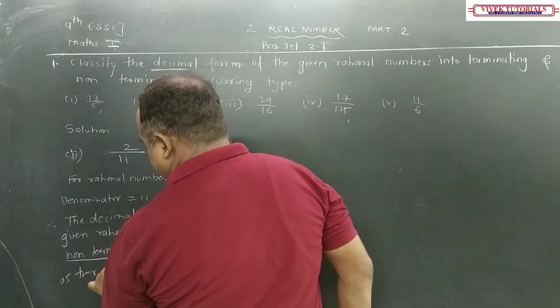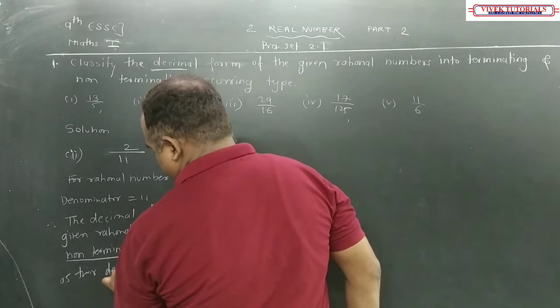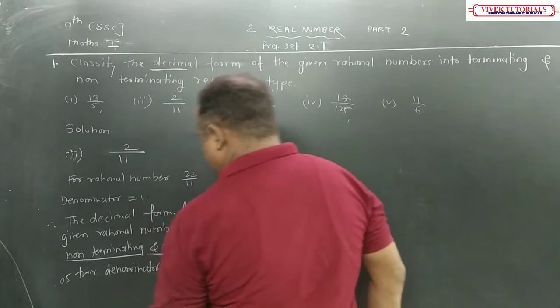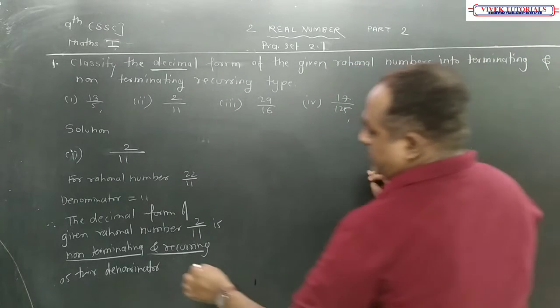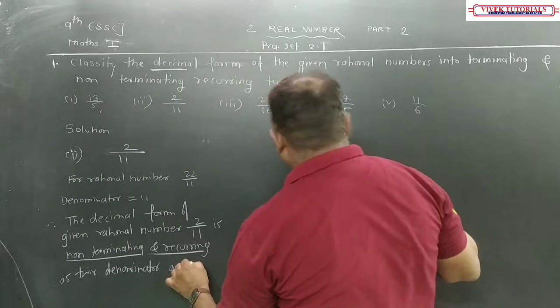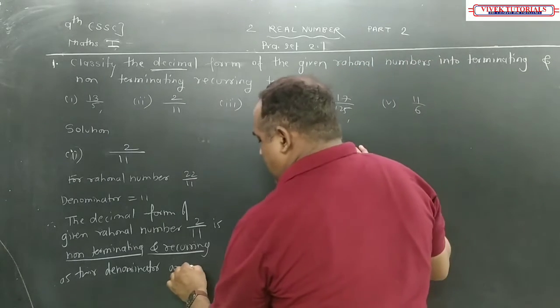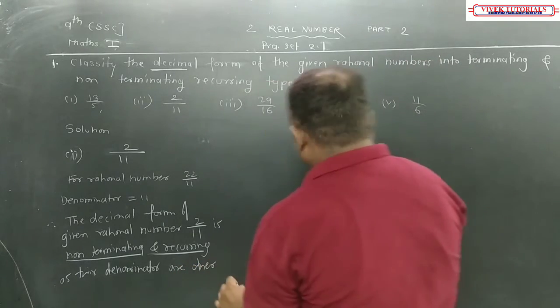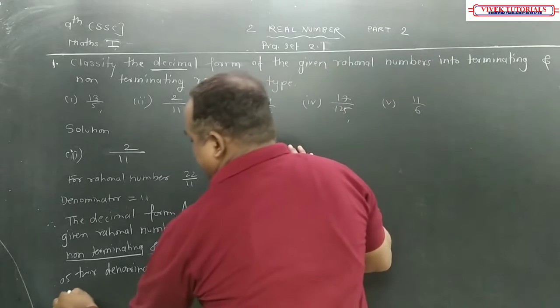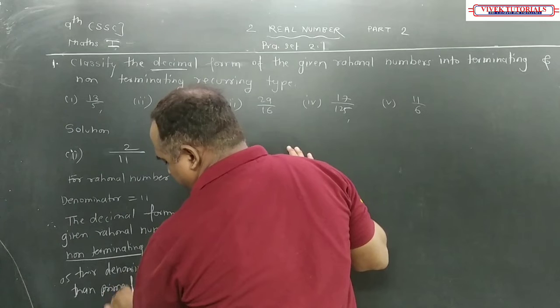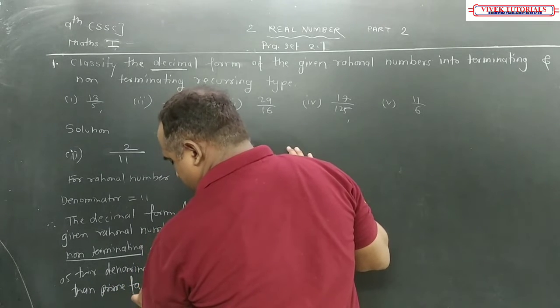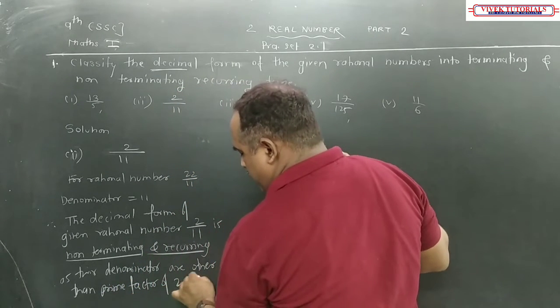Non-terminating and recurring as their denominator are other than prime factors of 2 or 5.